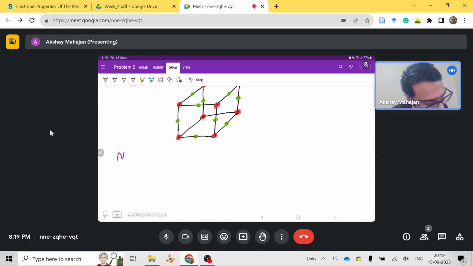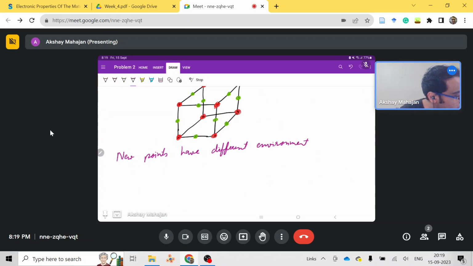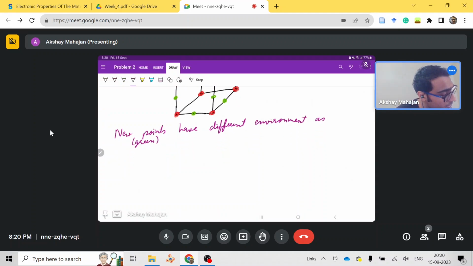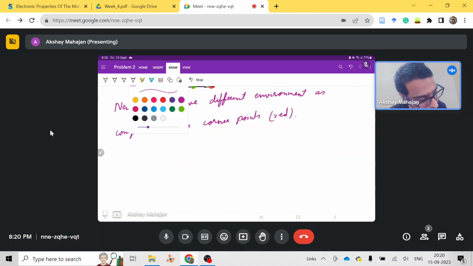Okay, I guess hopefully now these points are clear. So let me just write it. The new points, which are the green ones, have a different environment as compared to the corner points, which are the red ones. Alright, so let me just show why.